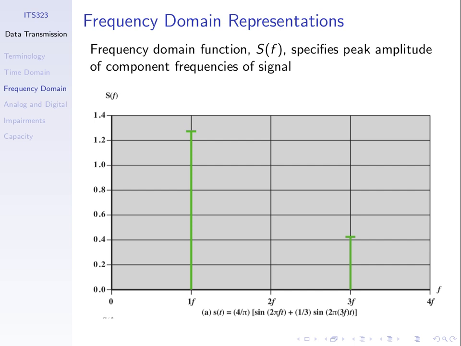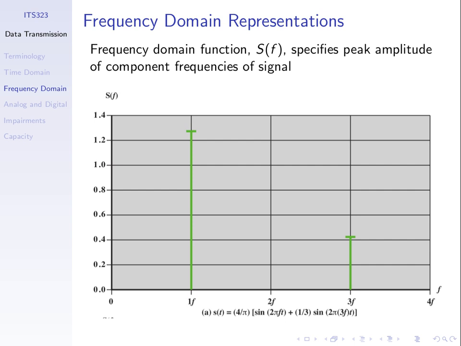Our signal has, in fact, two components. The second component has a frequency of 300 Hertz, and the peak amplitude is 1/3 of 4 over pi. So we plot an impulse at 300 Hertz, and the height is 1/3 of the first one, which is 4 over pi times 1/3. So this is just how we come up with this plot.